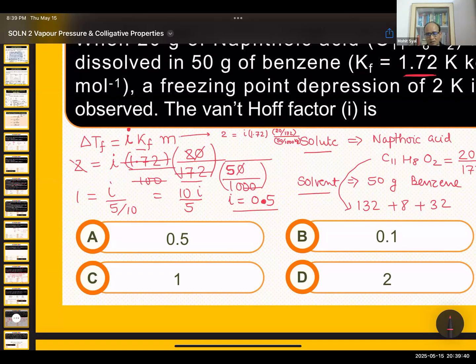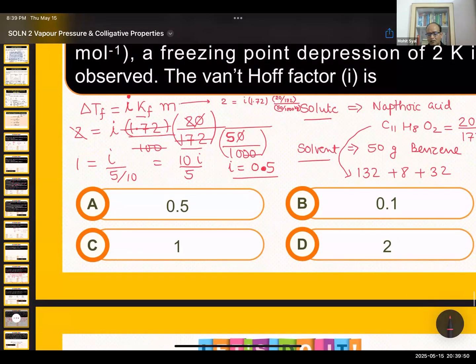Suppose I have taken two molecules of it, and they can become half of their original number. Original number is 2. When can they become half? If they are getting combined together by dimerization.